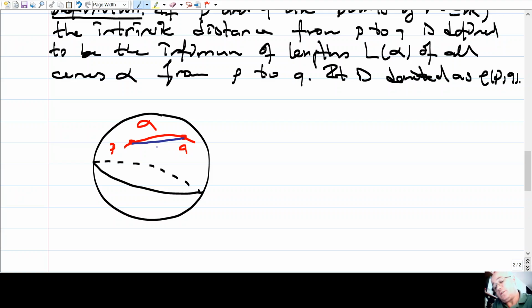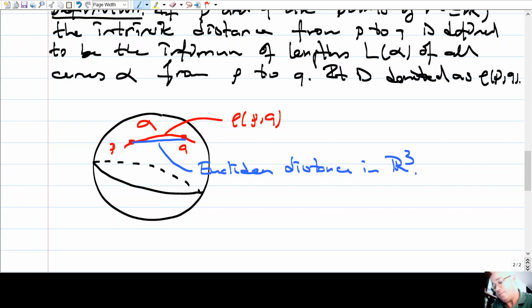So this is rho PQ, the intrinsic distance, and this one is the Euclidean distance in R3.